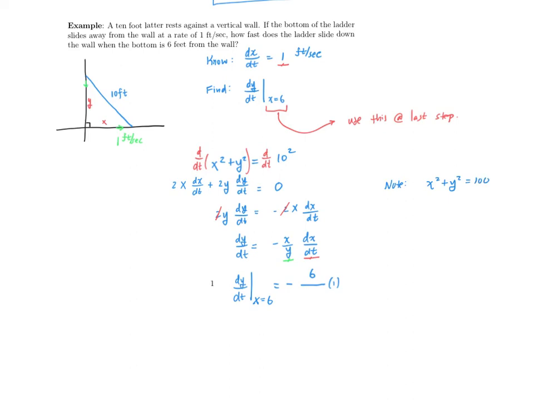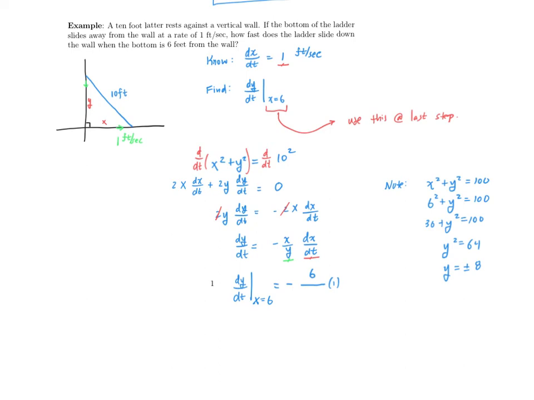So we think when x is 6, what does that force y to be equal to? So 36 plus y squared is 100. Y squared is 64. And typically what we would do is we'd say y is equal to plus or minus the square root of 64, which is 8.